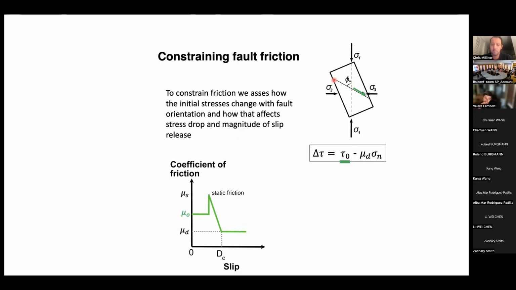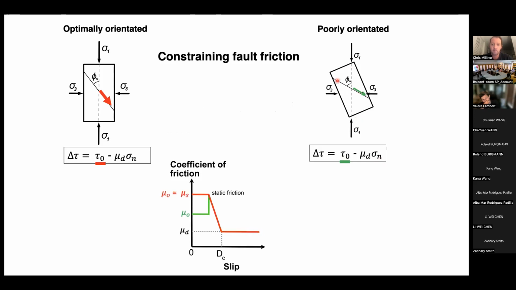And here's a fault surface inclined at some angle to sigma 1, which is the maximum compressive stress. And so here the stress drop is the difference between the initial shear stress and the dynamic shear stress, which is dynamic friction times the normal stress. And so you can see if you compare this fault surface to this fault surface, this one is a bit better inclined or better oriented to the stress field.